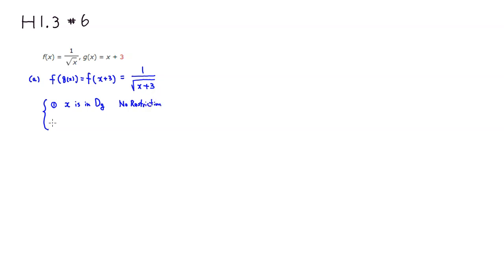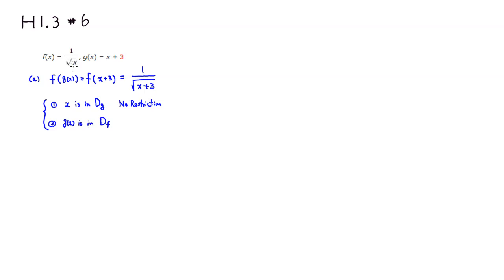And number 2, we have to make sure that the inside function, which is g of x, is in the domain of the outside function, so f. You can see that here there's a square root, so the expression has to be non-negative.